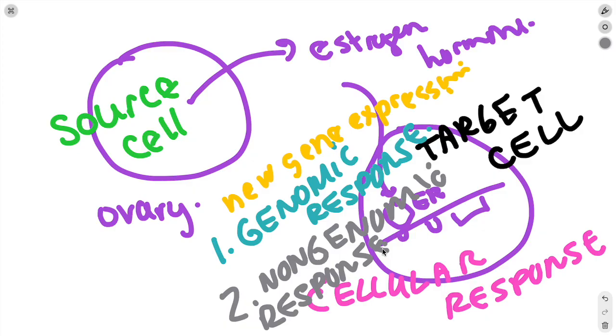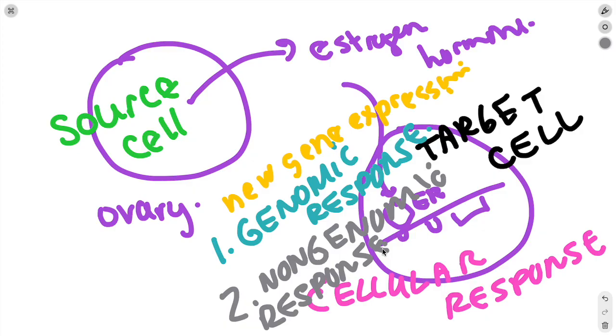The PDGF receptor gets activated, it causes an exchange in RAS of GDP to GTP, and that GTP-bound RAS binds to this protein called RAF, and RAF is a kinase that will phosphorylate targets.